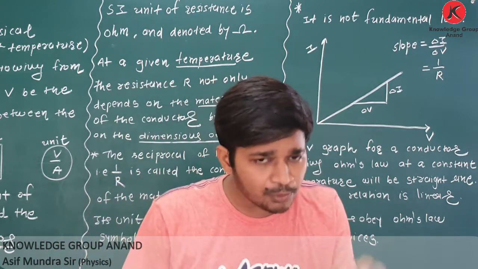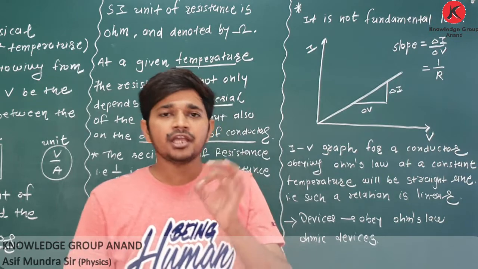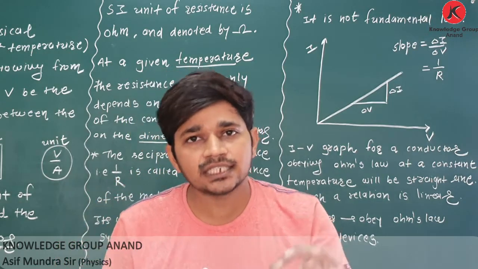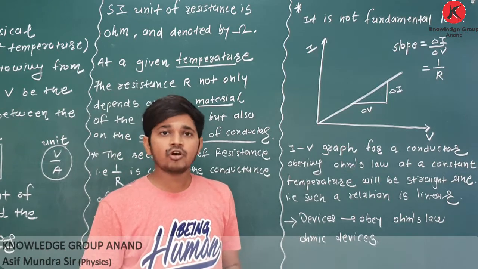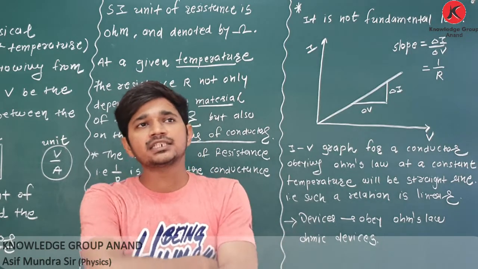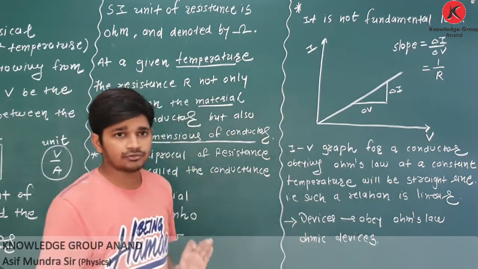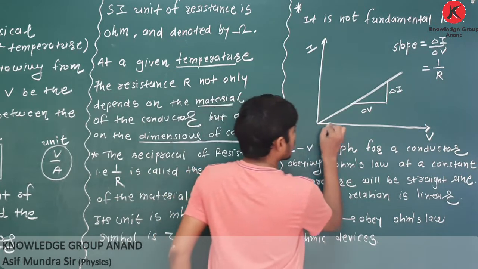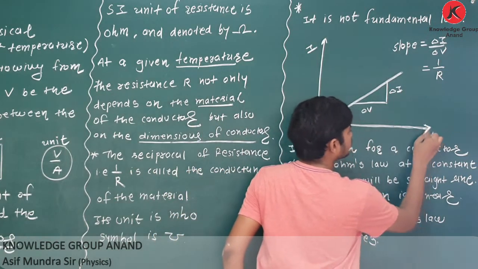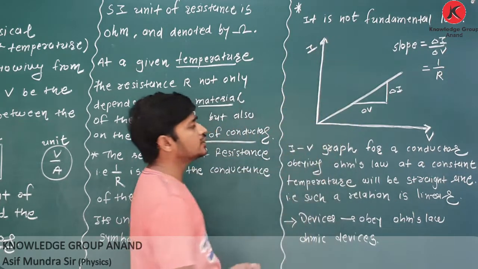Now, the most important thing: the IV graph. It is called the characteristics graph. If you are asked what the characteristic graph of Ohm's law is, then you have to draw this graph. It is the variation of current with voltage.